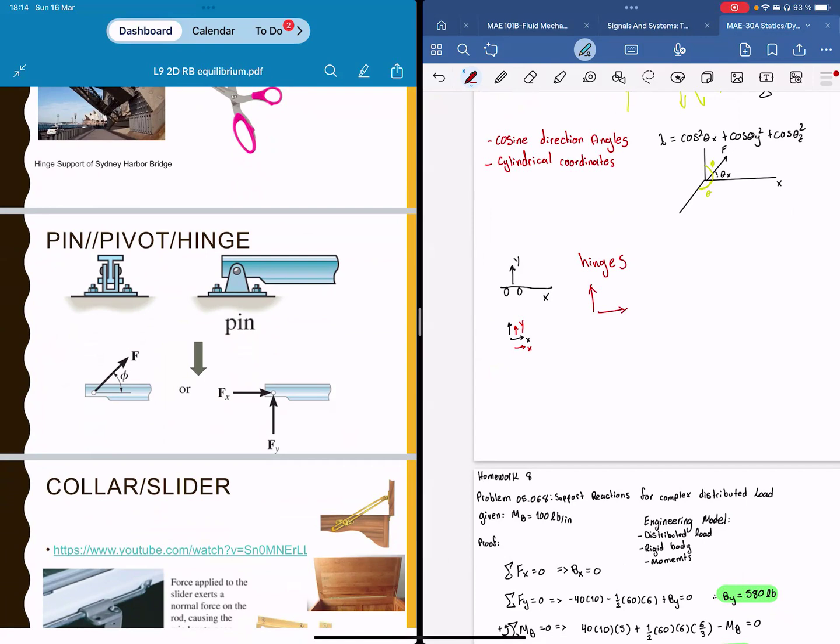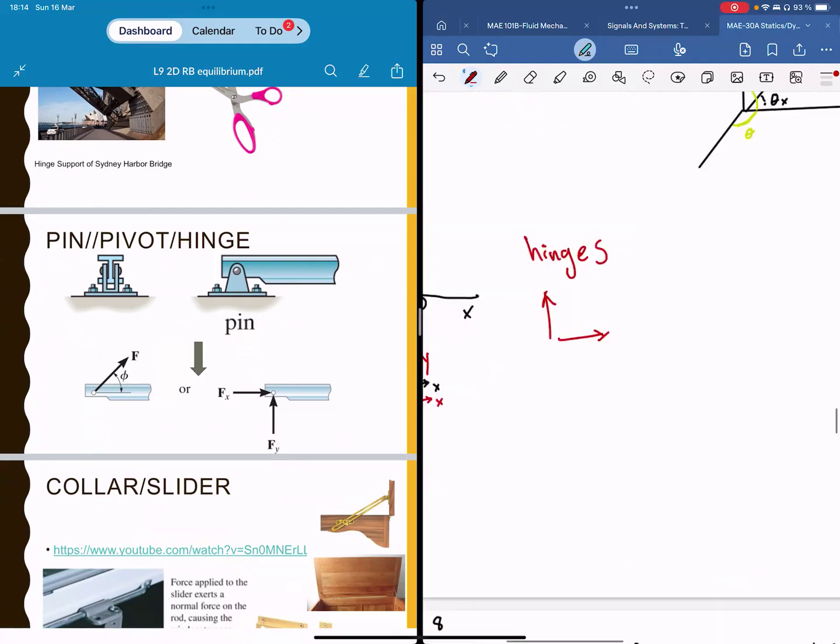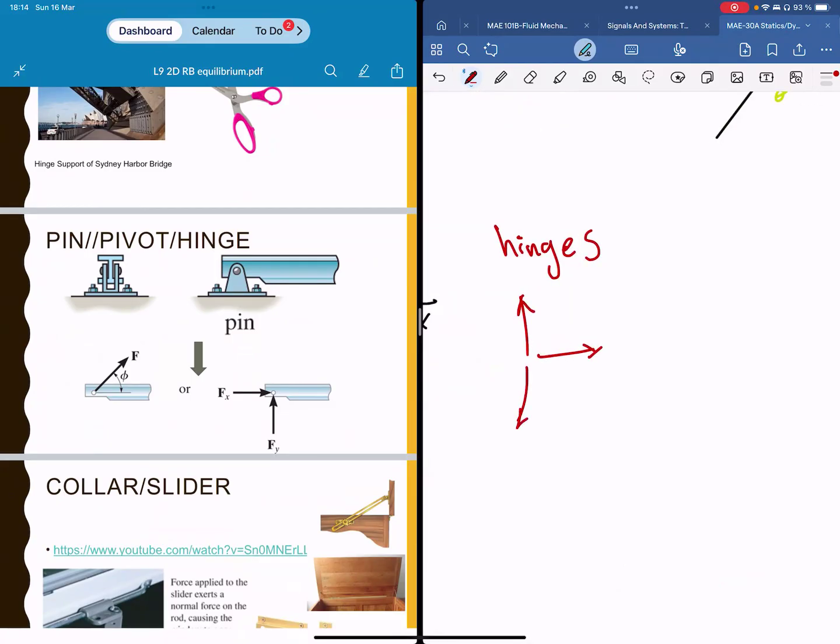Because if I have a scissor and I try to pull it in any direction, it won't let me. But if I try to rotate it along the perpendicular axis, the hinge lets the two parts of the scissor rotate. So there's an X and Y restriction, but no moment restriction perpendicular to that X and Y.